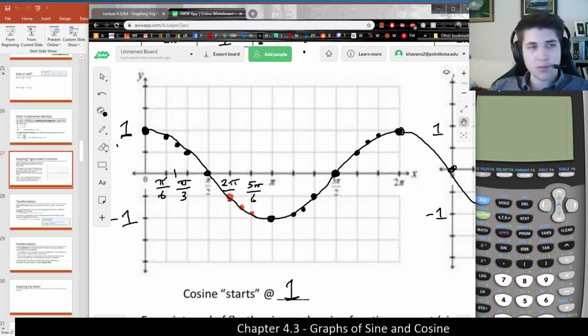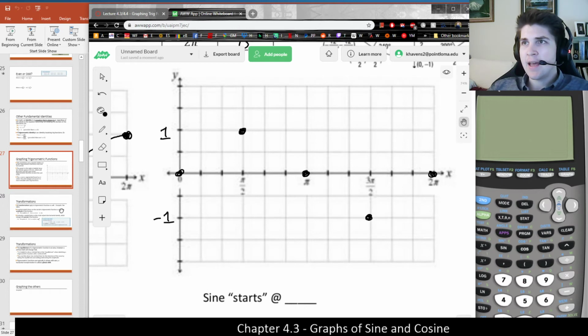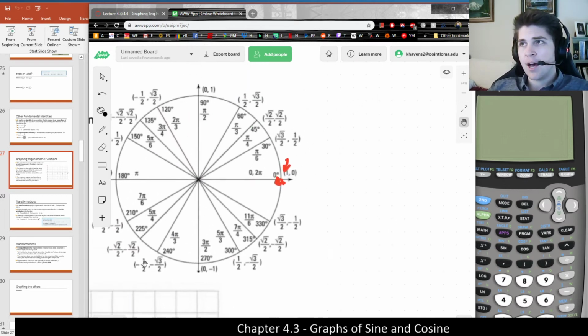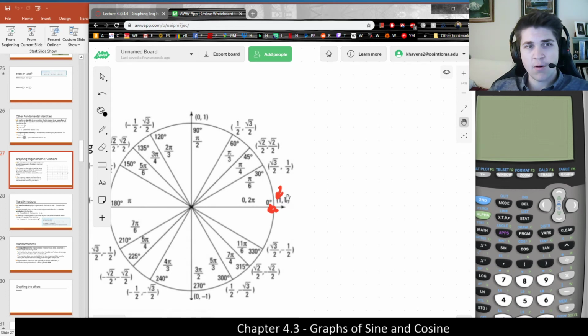So I'm sure we'll discuss that more later, but let's get back to sine, because otherwise sine is exactly the same. Let's also look at the intermediate points between those key points, as I did before, just to make sure. It is the exact same pattern, because sine starts at 0, then it goes up to 1/2 at pi over 6.